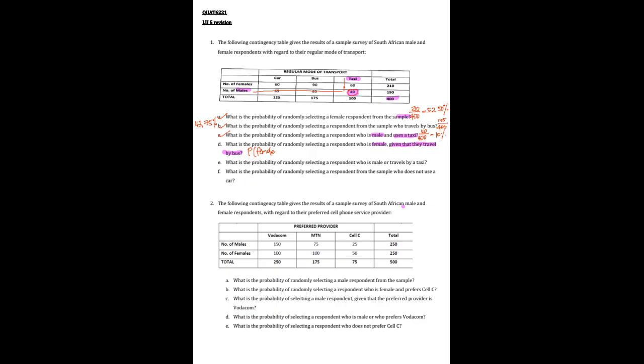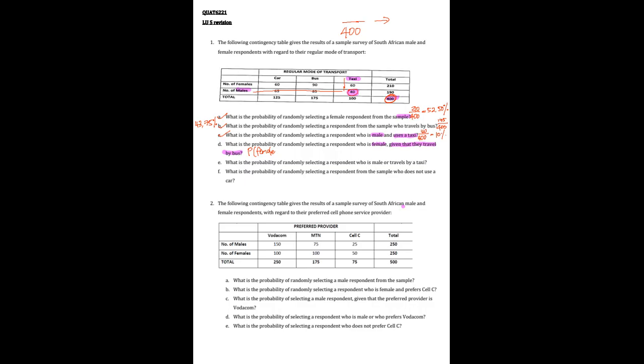So here to calculate this, instead of the total sample size, instead of 400 being the denominator, we're able to narrow it down. Normally for the first two calculations that we saw, we used 400 as a denominator because it was looking at the possibility of females from all 400, and then we looked at the possibility of the person traveling by bus from all 400 people, and so on.